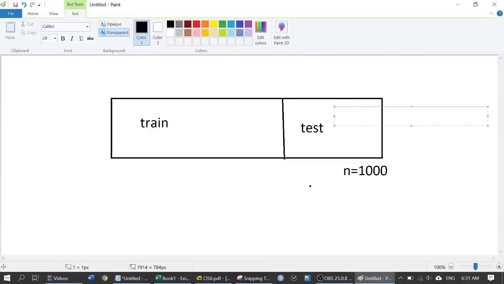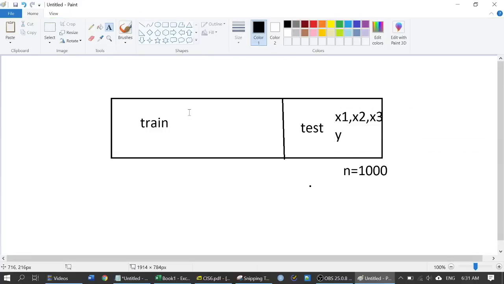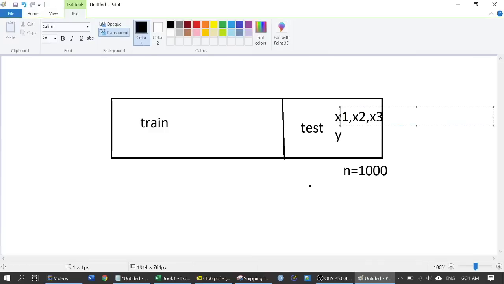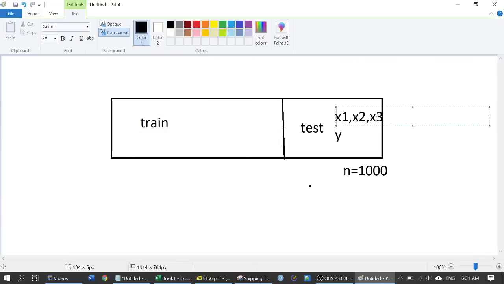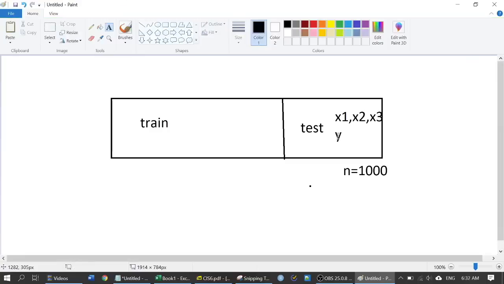In the test data set, you have the covariates x1, x2, and x3, and you also have the response variable y. Similarly, for the training set you have x1, x2, x3, and the response variable, and you build the model based on this. Then when you test this model, based on the model developed using the training data set on the left hand side, you plug in the information on x1, x2, and x3, and you try to predict the response variable.